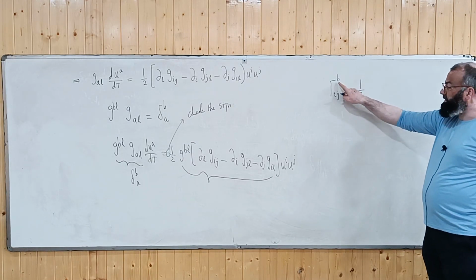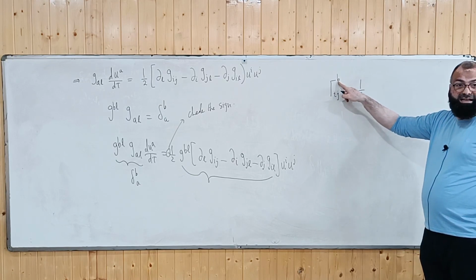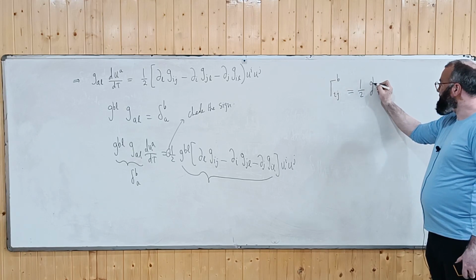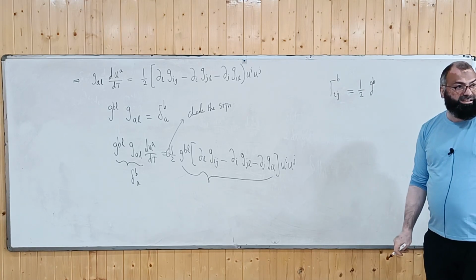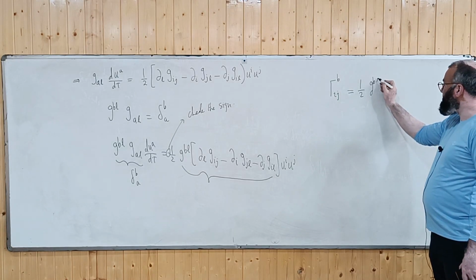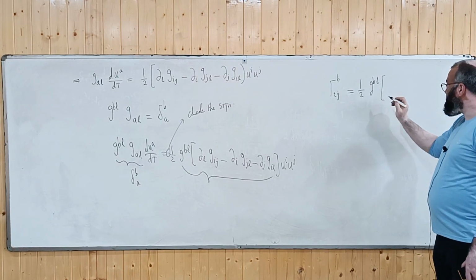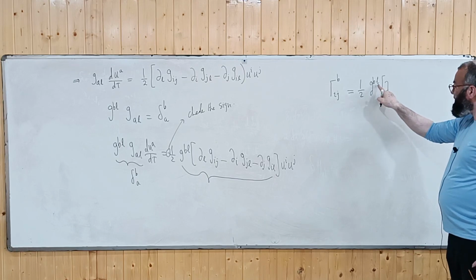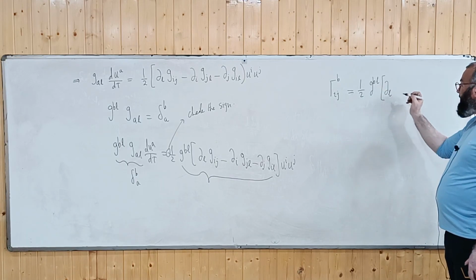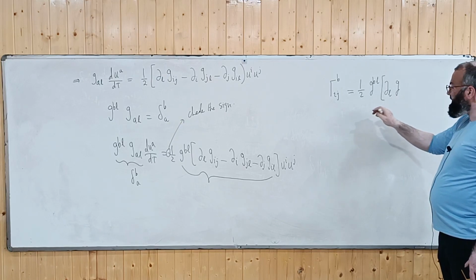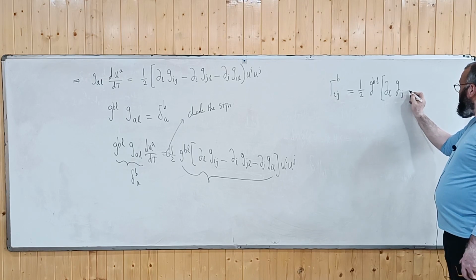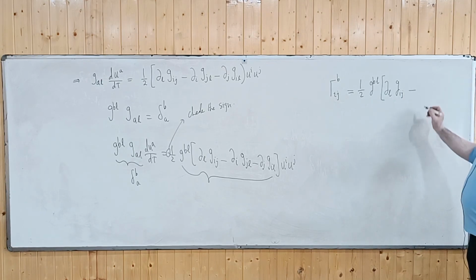Whatever index is at the top, you first write G with that index. Then put a contracted index, let's call it L. Then you write the partial derivative with respect to this L, then the metric tensor which carries the two indices at the bottom. Then you write a minus sign.